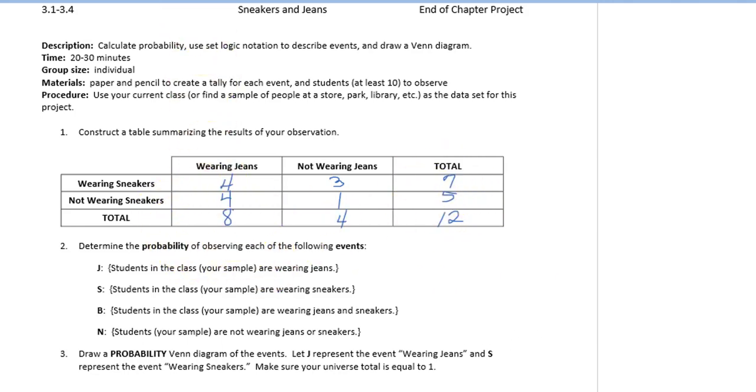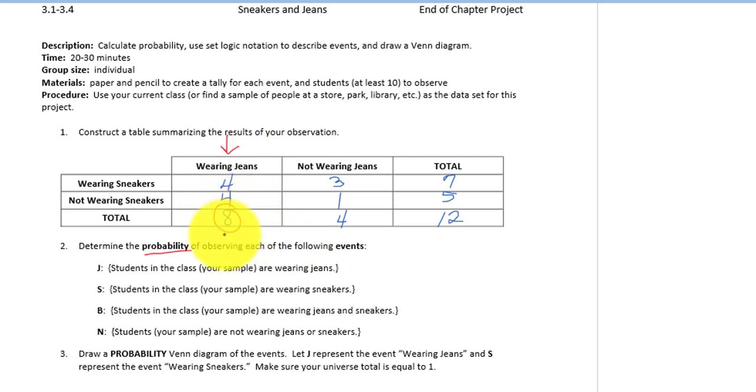So what we will need to do now in part 2 is to determine the probability of some given events. Event J is the event that students in the classroom or your own sample are wearing jeans. So I go to the wearing jeans column. I need that total.